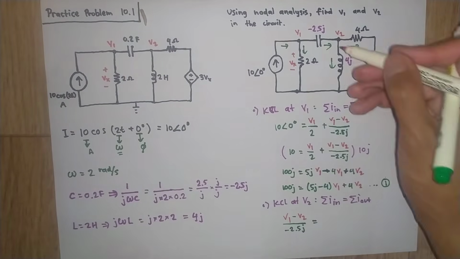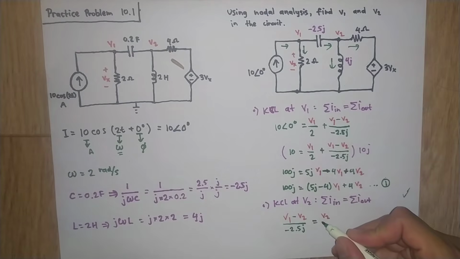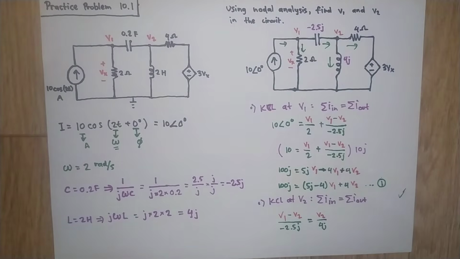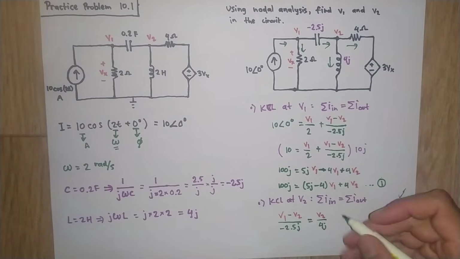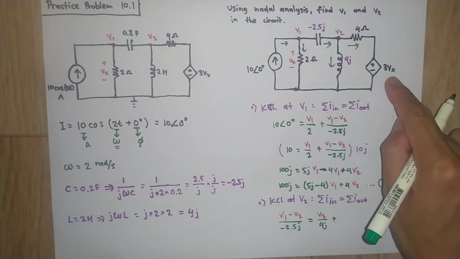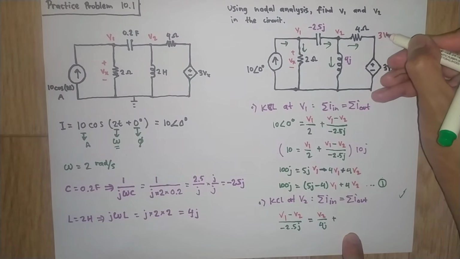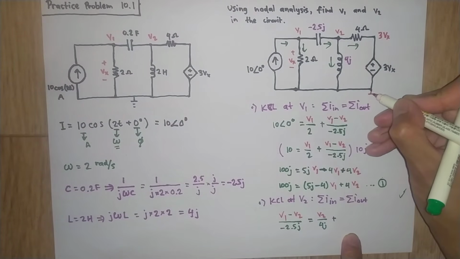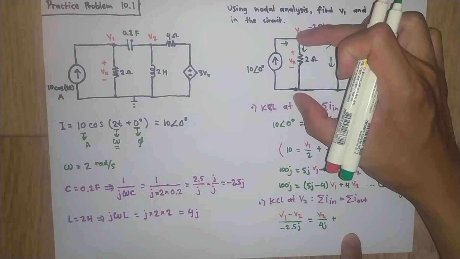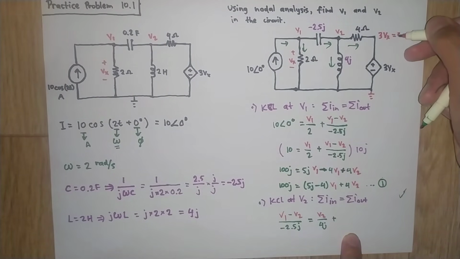We will have V2 divided by 4J, and then we will have this one, V2 minus this node, and this node is 3Vx. Remember that this is 3Vx because our bottommost node is our ground, and Vx is here, it is the same as V1, so 3Vx is equal to 3V1.